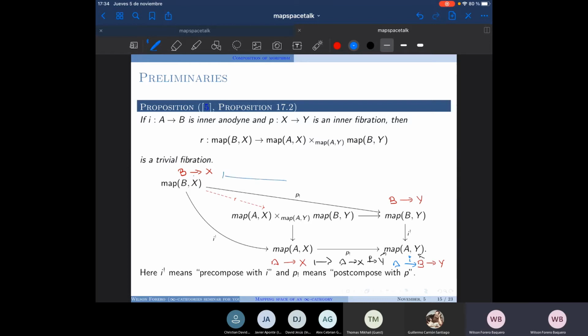This means the following: it is B to X and after that apply p. Okay, the lower part, now the mapping space from A to X. So the idea is just precompose, sorry, precompose with i.